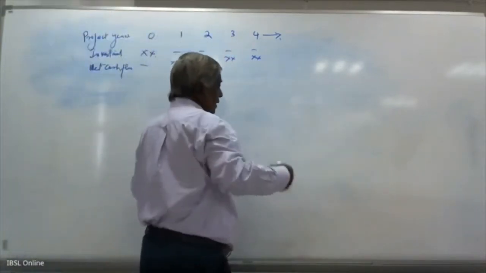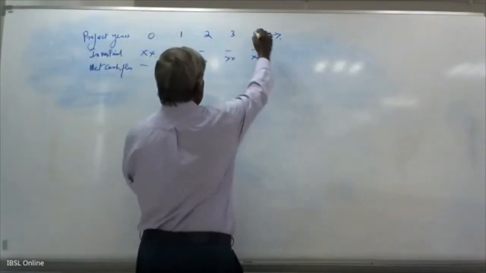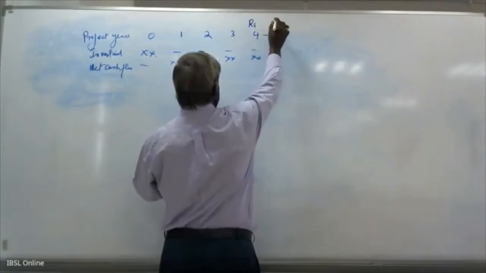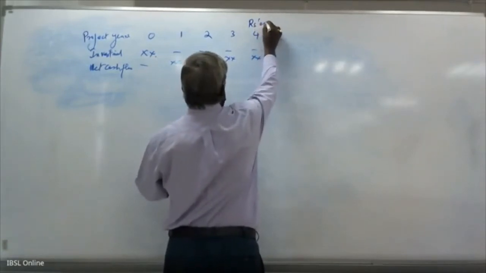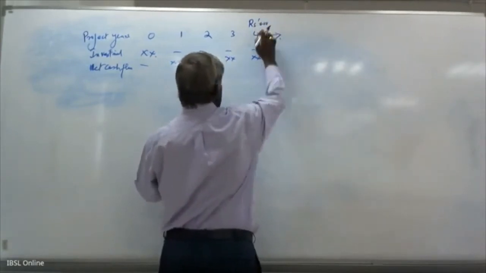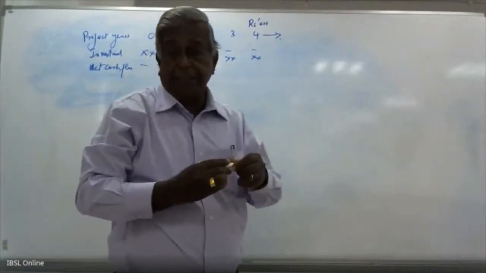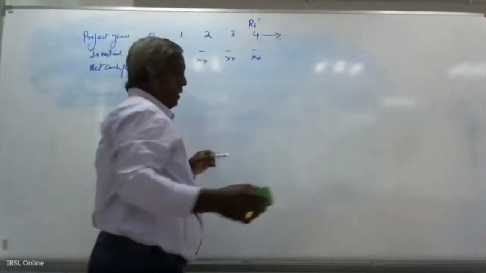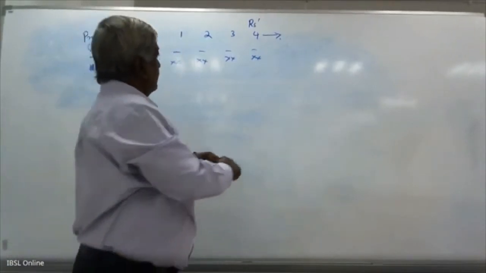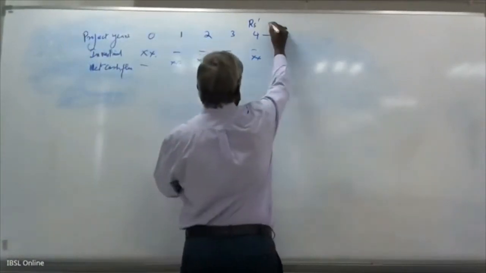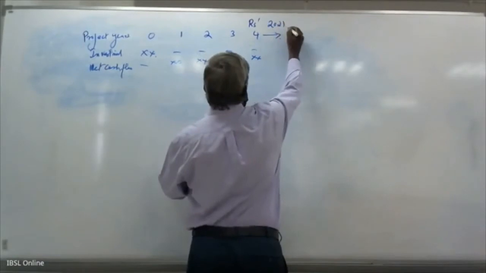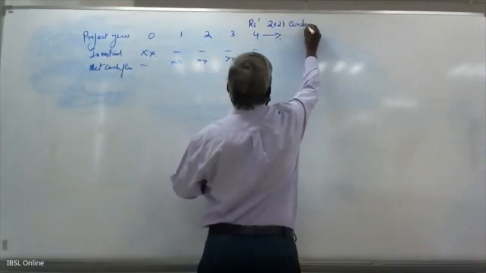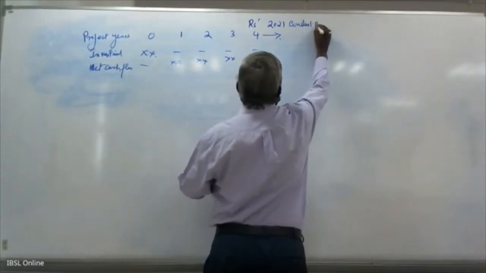Now, if you are doing a project now, we have to say rupees 1,000 or rupees million or simple rupee, and we must say our calculations are in rupees, 2021 constant prices.